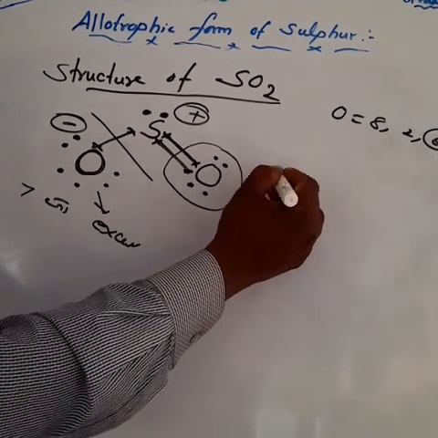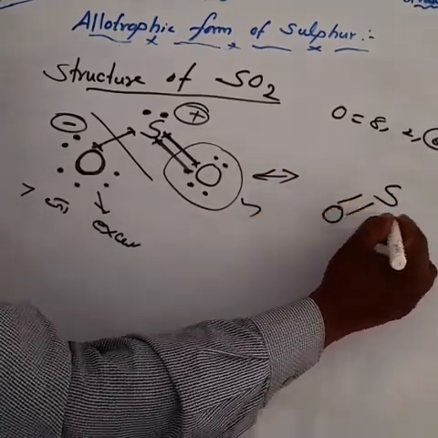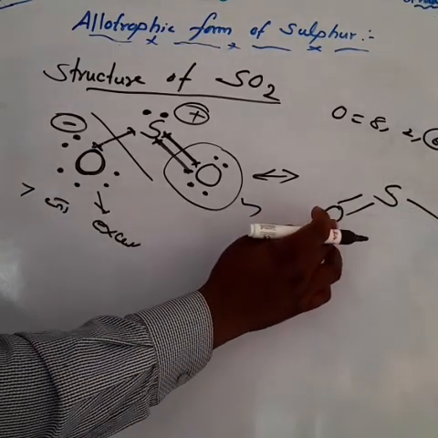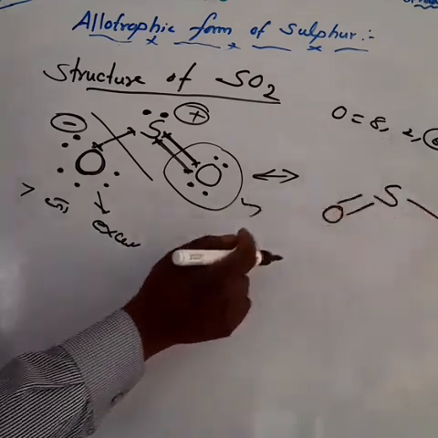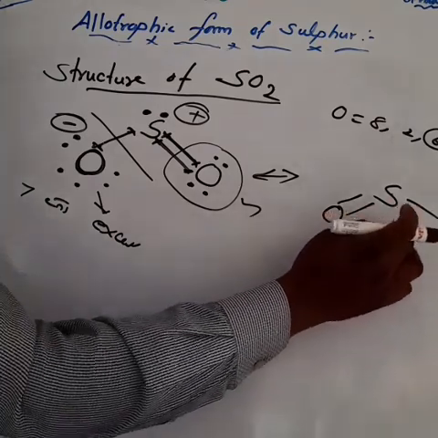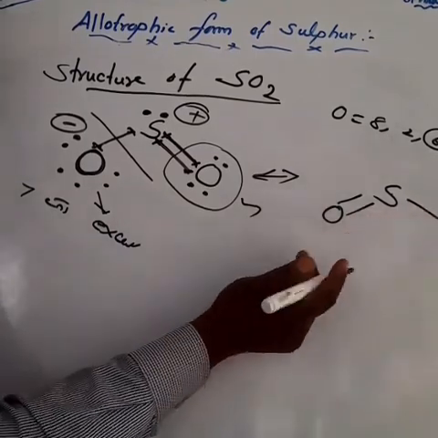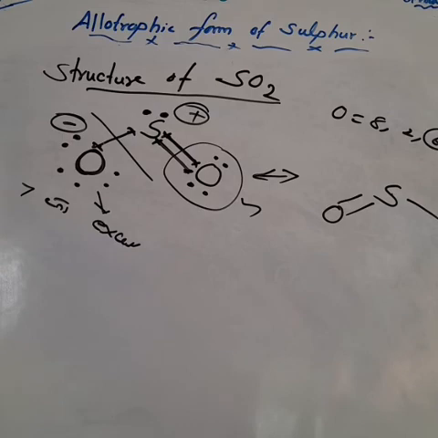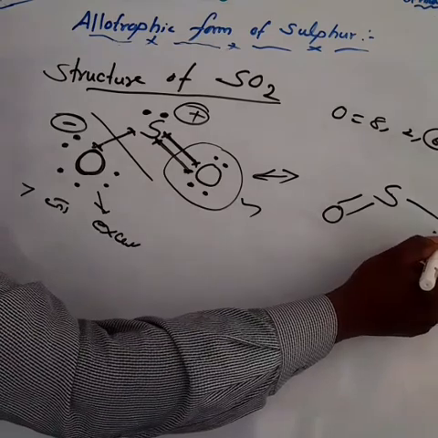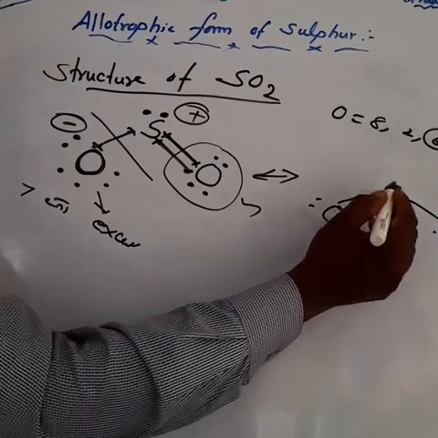Next, due to delocalization, you can draw another structure, the resonance structure. First oxygen, sulfur, oxygen. In the first structure the first oxygen had a single bond, so in the second structure I make the first a double bond and the next a single bond, because 6 by 2 is 3, and 3 means we can make 3 bonds. We know a single bond accommodates 6 electrons, and a double bond accommodates 4 electrons.